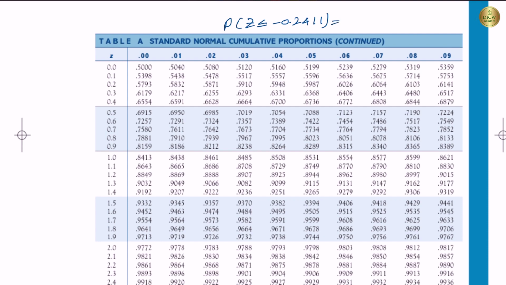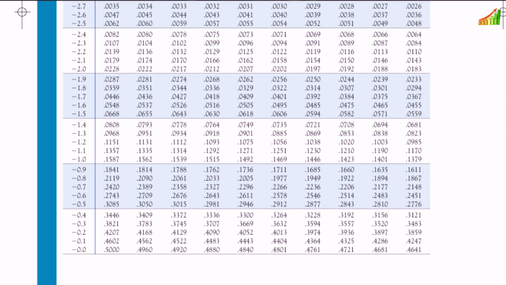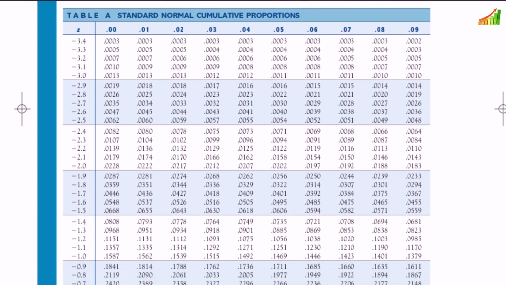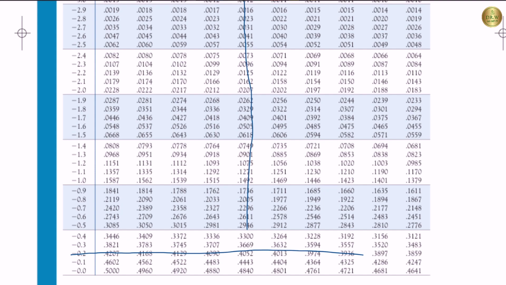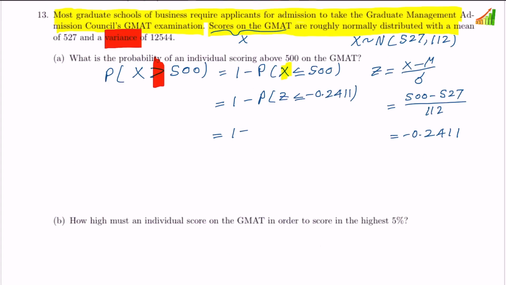So similarly, how do we find this one? Here we have 0.2411, so I can write probability Z less than or equal to negative 0.24. Negative number here, 0.2 here, then 4, you see this column, therefore the probability is 0.4052.